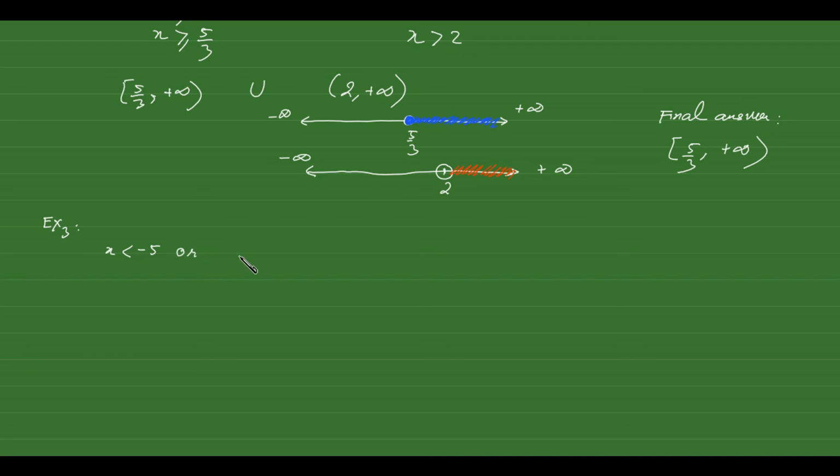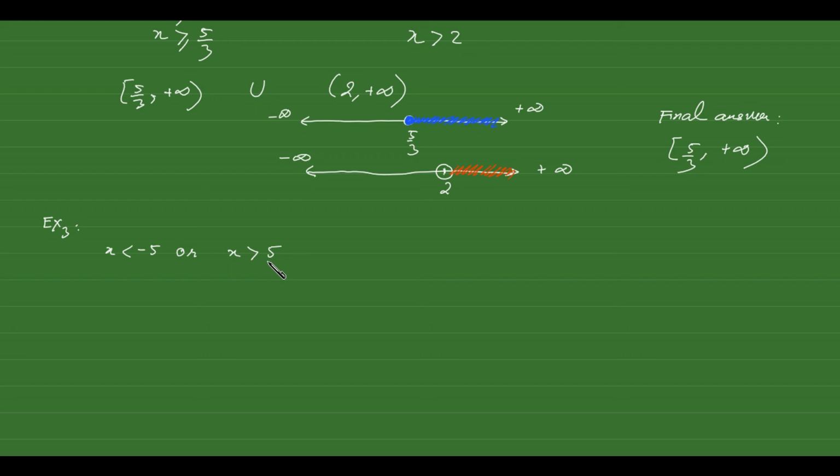Or x greater than 5. And I'm going to intersect this compound inequality with another one.